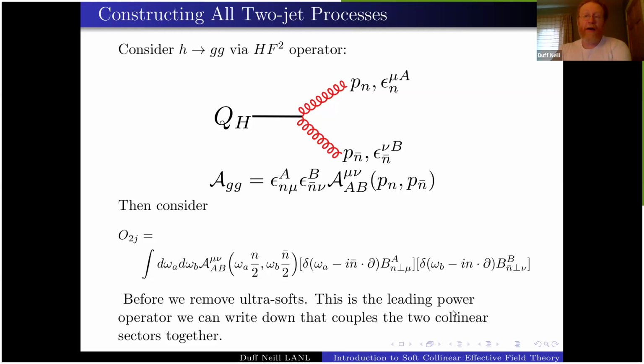There's going to be a convolution between these collinear operators and my hard scattering amplitude in these energetic light cone directions. In other words, this delta function is just saying, what is the total energy of one of my collinear sectors? It just asks that question, and then it dumps that total energy into my hard process.